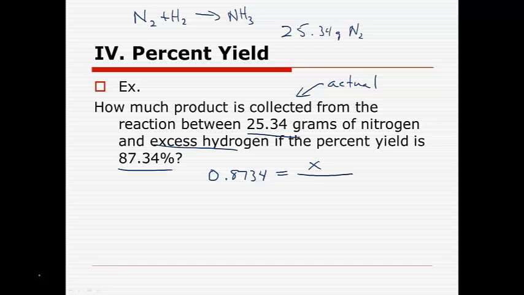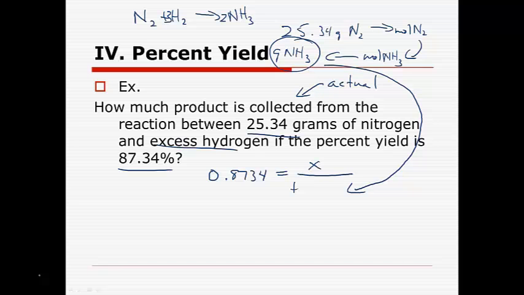You need 2 there, and we need 3 there. Change this into moles of N2, change that into moles of ammonia, NH3, then change it into grams of NH3. This answer right here is going to be your theoretical. Plug it in, solve for X.